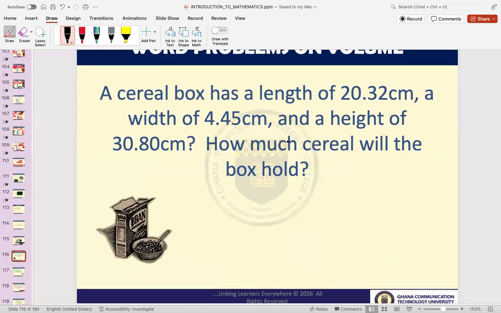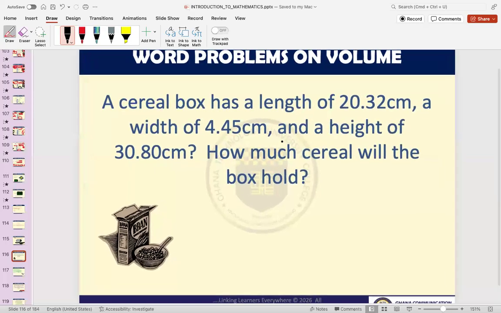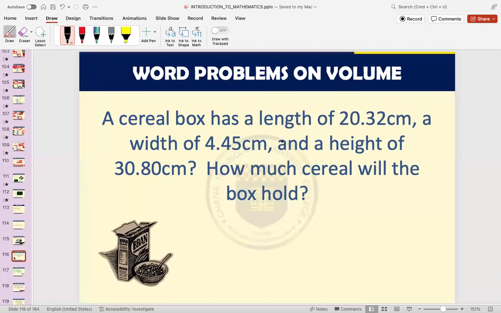Now let's look at life application. If you are manufacturing a cereal and then you want to bag them, at the design or packaging unit, what things do you consider to be able to get a standard volume of what you are packaging? So this is a word problem of volume.